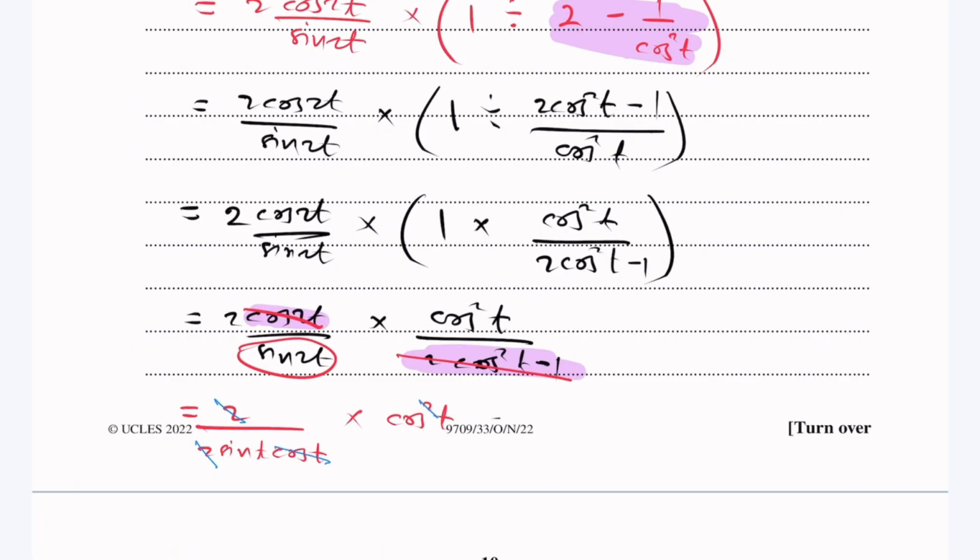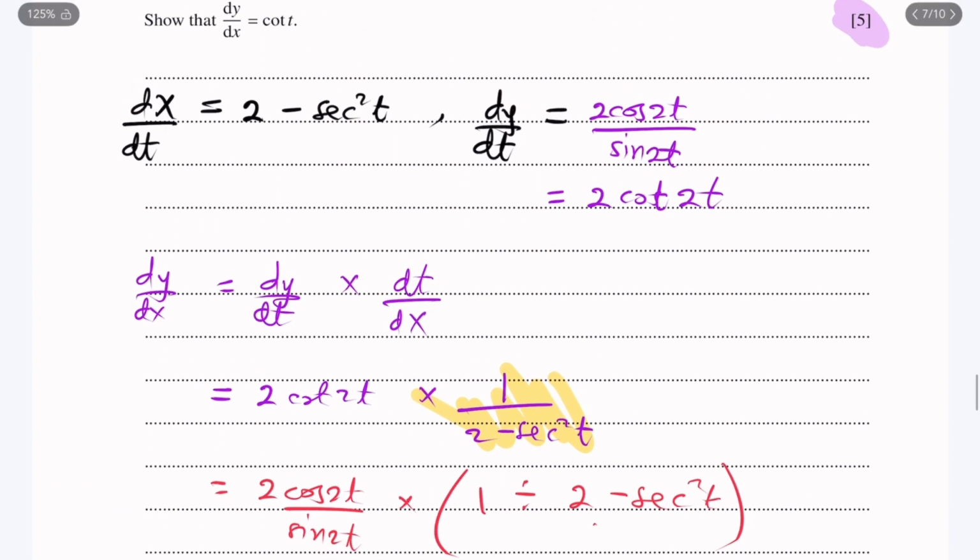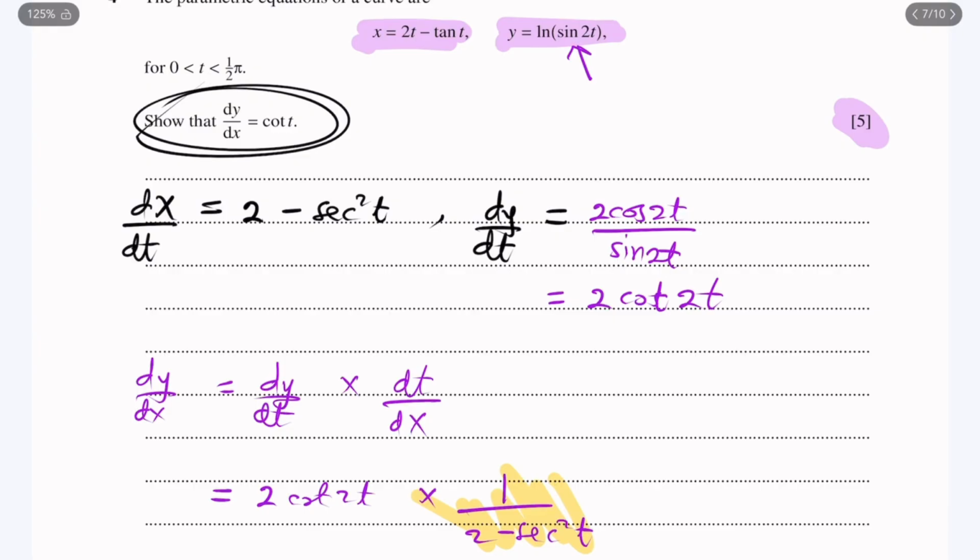So that means that we are left with cos t over sine t, and that is cot t, and that is what they wanted us to prove right here.